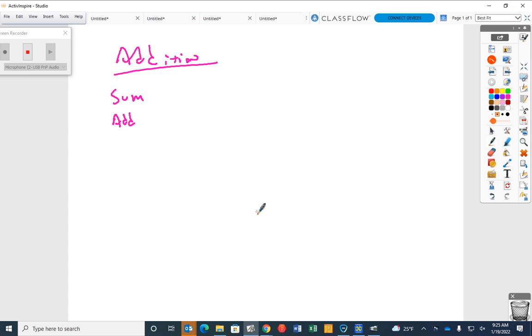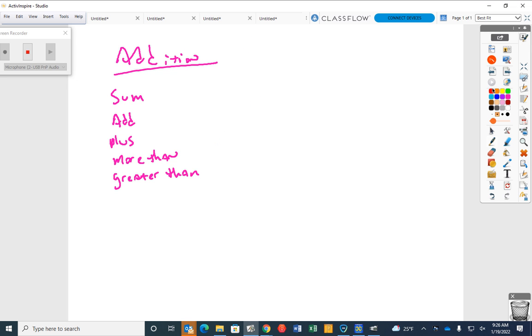Plus. What about more than? Greater than, sort of. Okay, lots of words that mean addition. What about some? A bigger amount. All of those we can kind of figure, but these are the main ones.